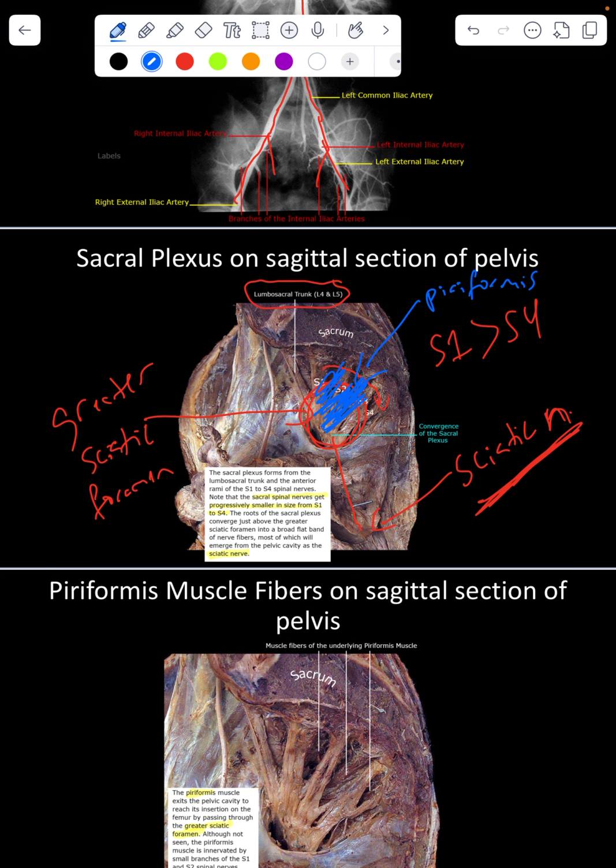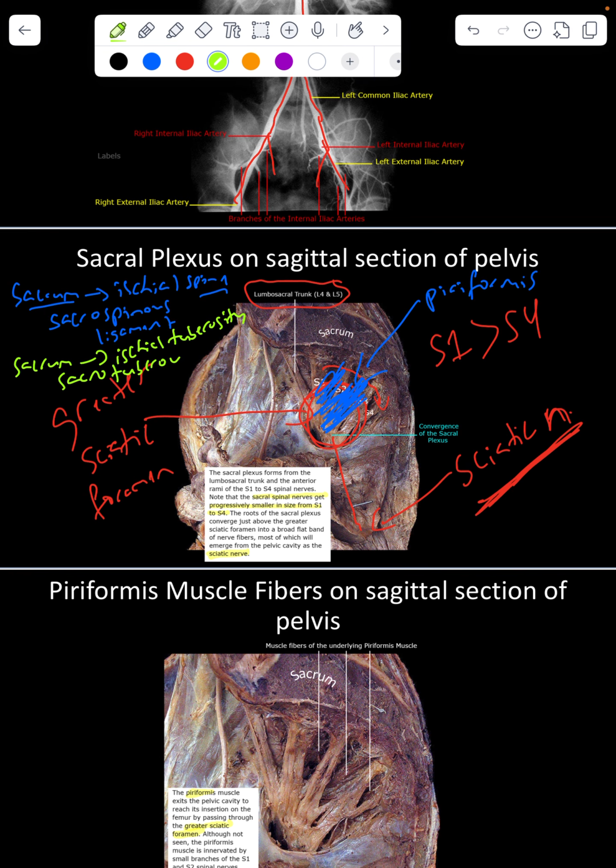This will make more sense later, but sacrum to ischial spine gives you your sacrospinous ligament. Sacrum to ischial spine, sacrospinous. Sacrum to ischial tuberosity would be sacrotuberous. I was going to put ligament.